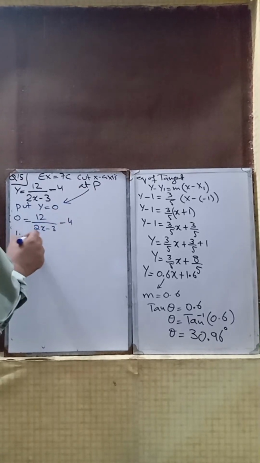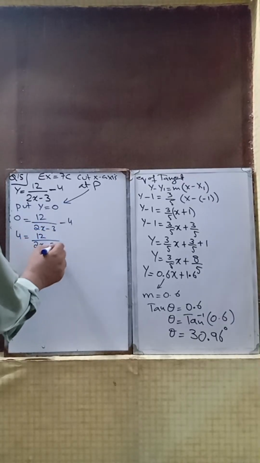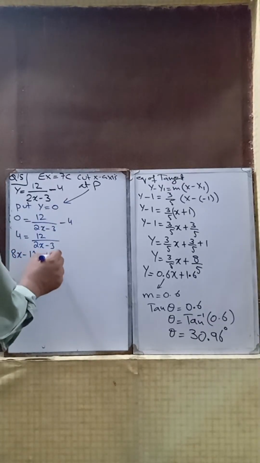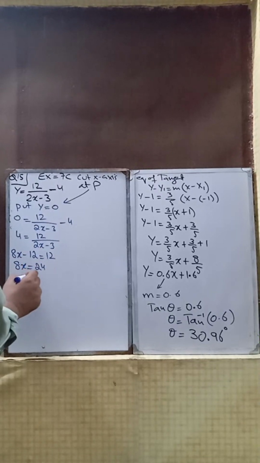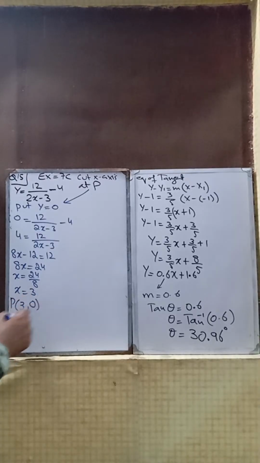So this 4 comes here: 4 equals 12 divided by 2x minus 3. So 8x minus 12 is equal to 12, so 8x becomes 24, so x becomes 24 divided by 8, and x becomes 3. So the coordinates of point P are 3, 0.